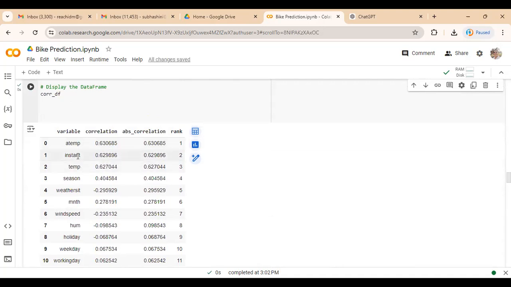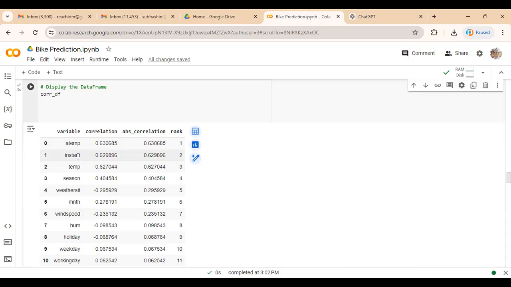The instance actually is just a counting of it, like a roll number. So I think that we don't need to consider it. We can as well drop it. We should have dropped it ahead, and maybe you can do it when you start writing the code. The temperature, season, the weather situation, the month in which we are considering, wind speed, humidity, holiday, weekday, and working day.